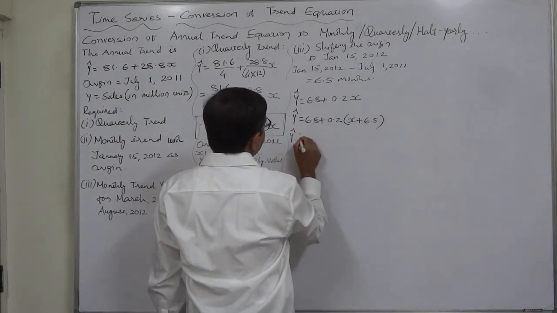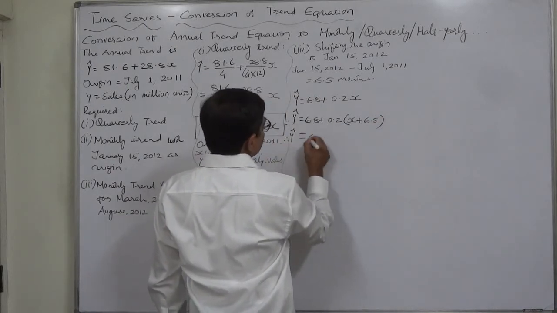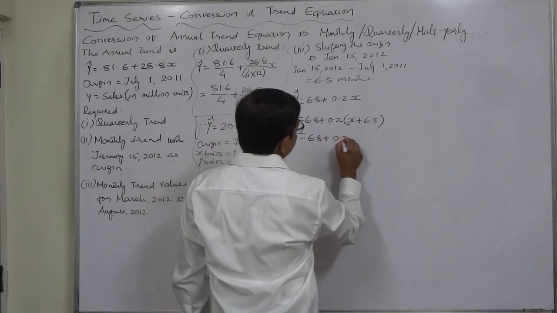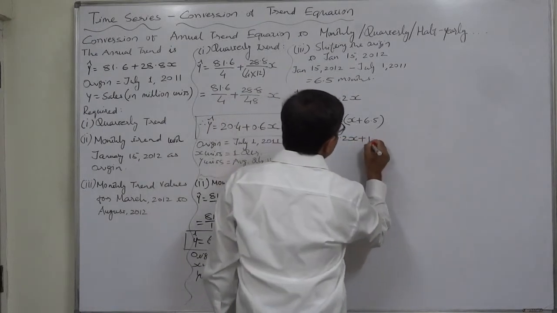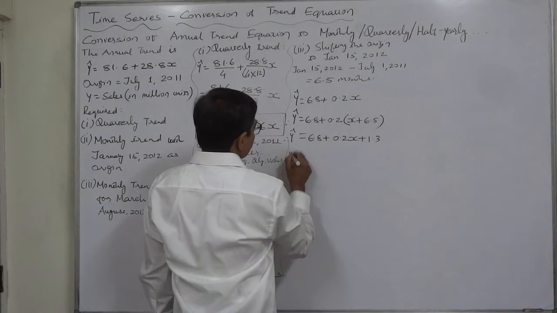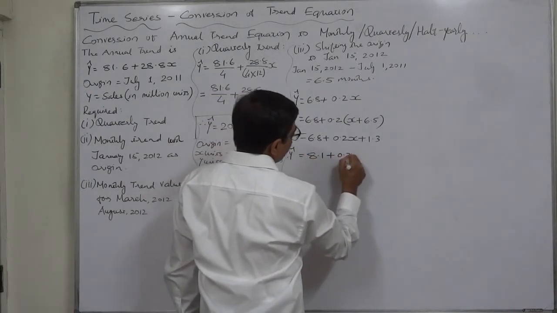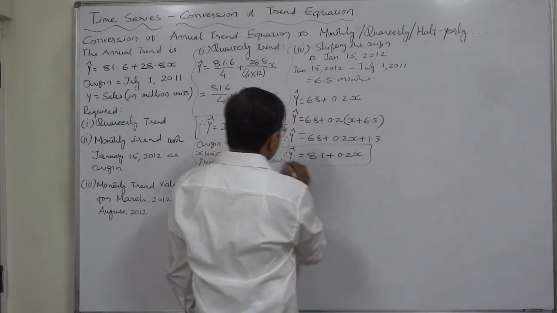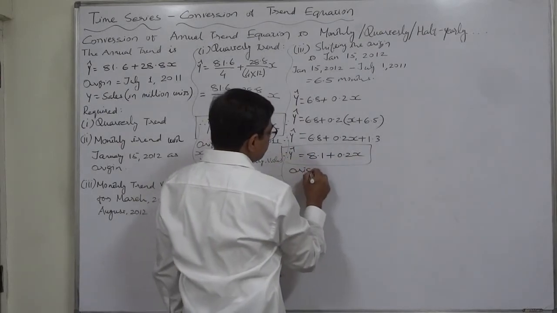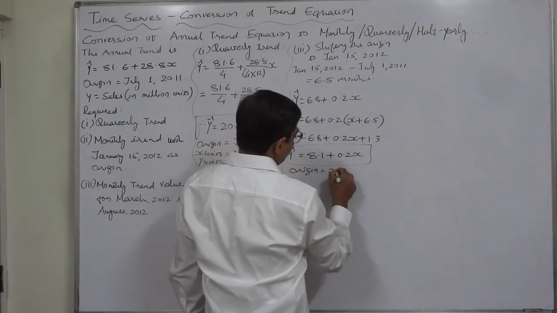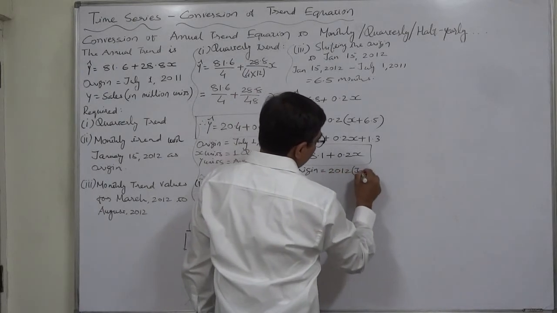So it will be 6.8 plus 0.2x plus 1.3. So ultimately it comes to 8.1 plus 0.2x, where origin is now 2012 January 15.